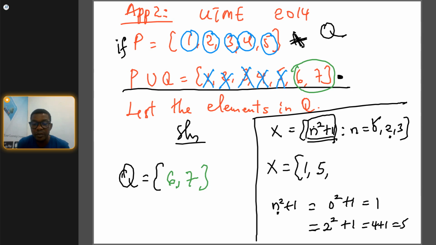What will be the next element when n equals 3? Just type your response in the chat box.